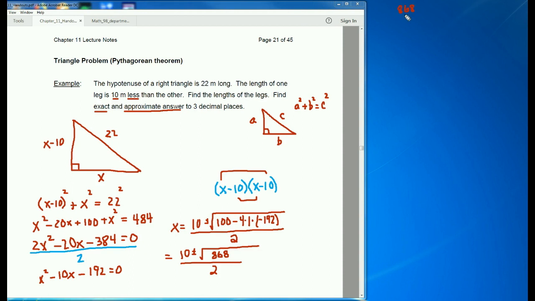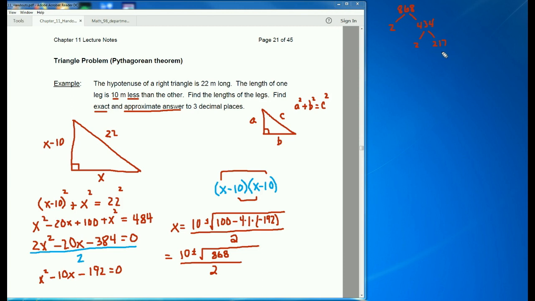So 868, obviously we can take out a 2, and that is 434. So, okay, obviously we can take out another 2, and that is 217. And that looks prime. This one's a little tricky.